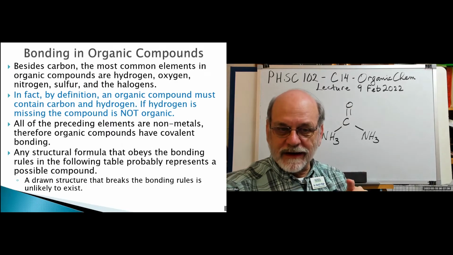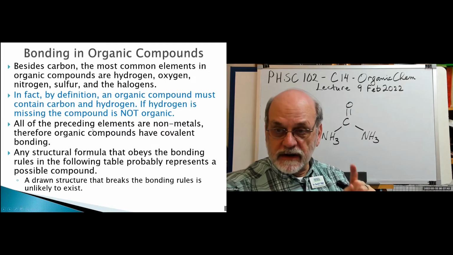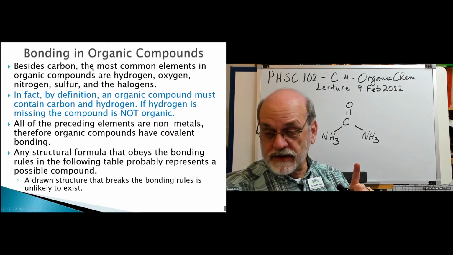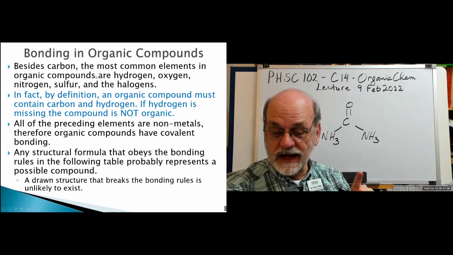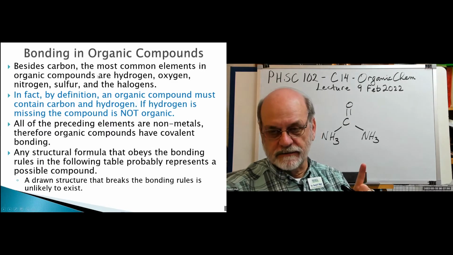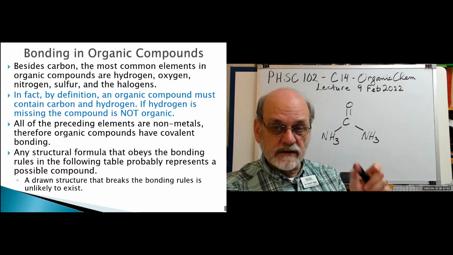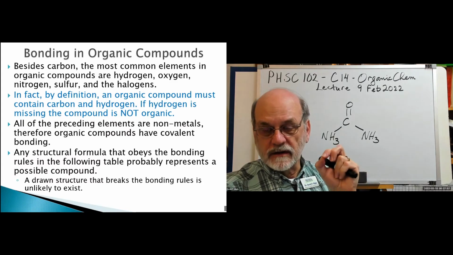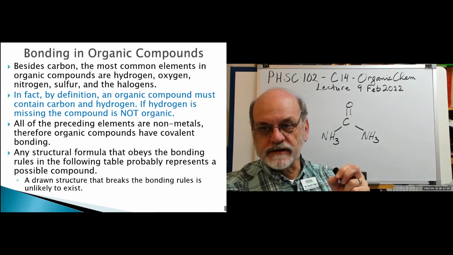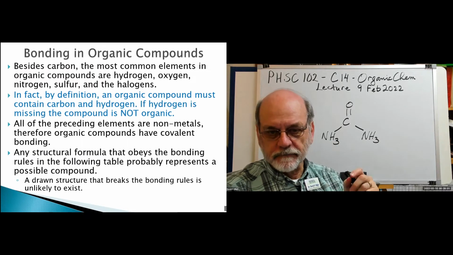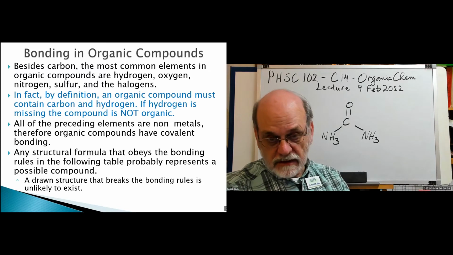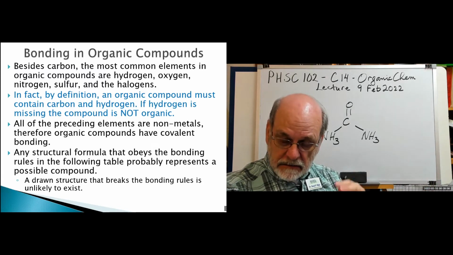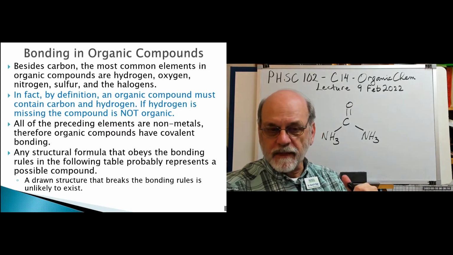It's important to recognize that carbon is a nonmetal, and all of these other elements that I've mentioned at the beginning of this slide are also nonmetals. Remember, when you get nonmetals and nonmetals bound together, they have to bond covalently. That is, they share electrons when they bond. That's just the way it is with non-metal bonding.